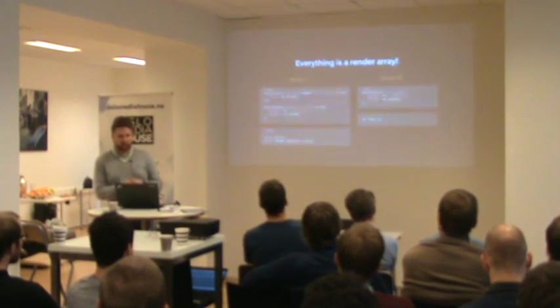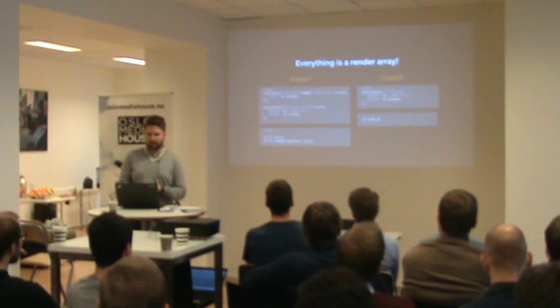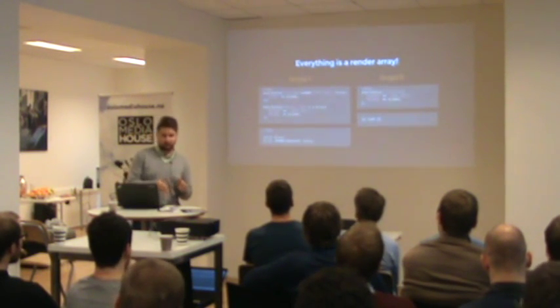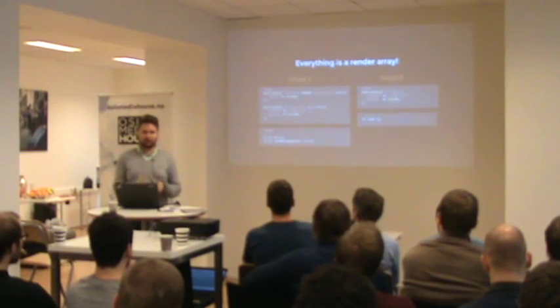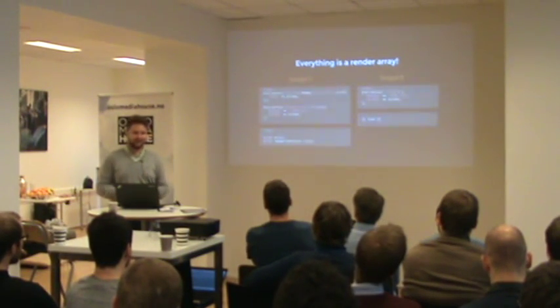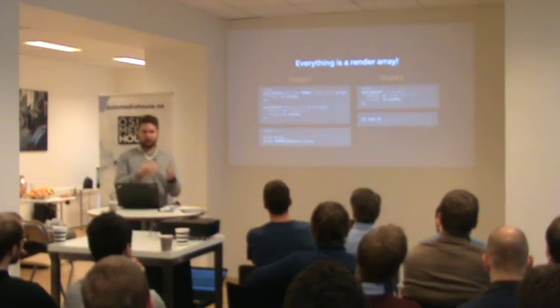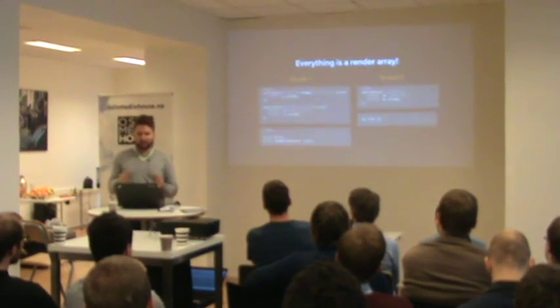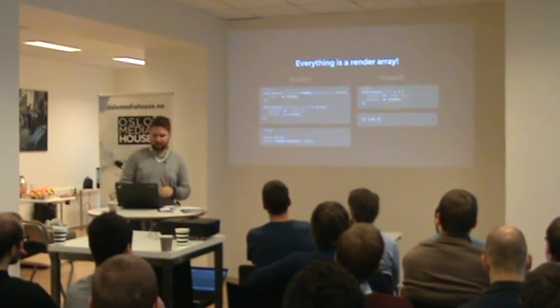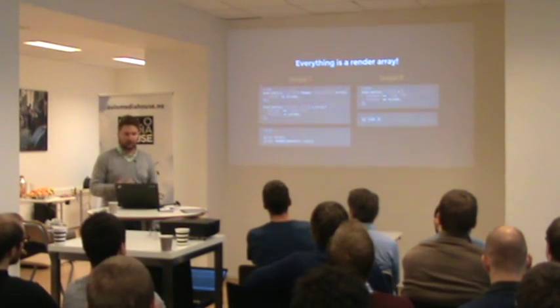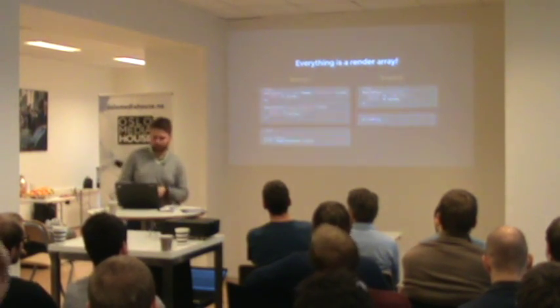Another thing which is relevant for this one is we used to have theme function, just theme function. There's theme functions and theme function. Theme function is the function that renders your hook theme implementation render array into a string immediately, as in return from the function.